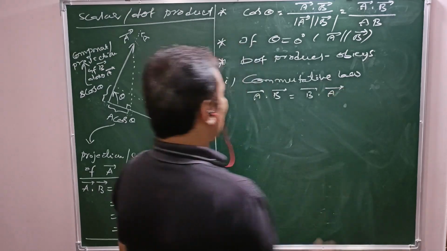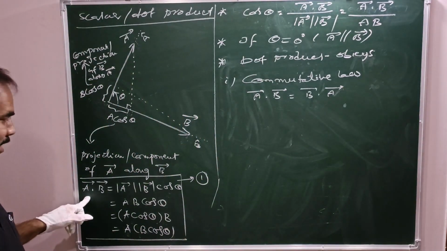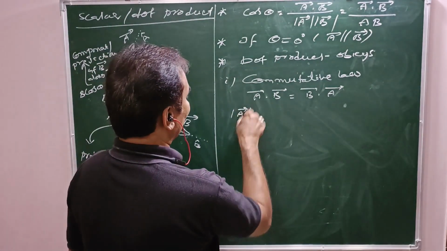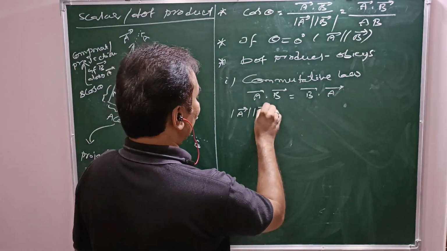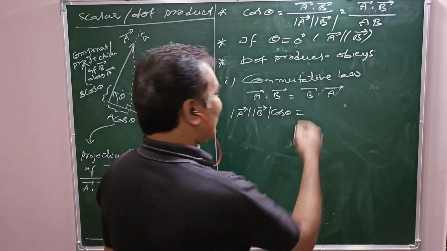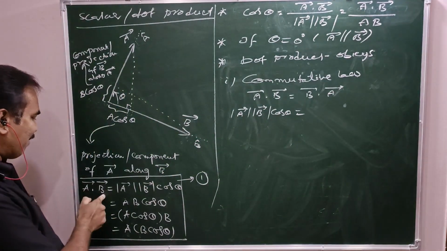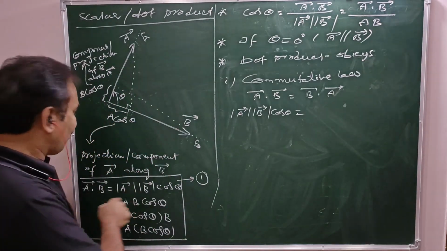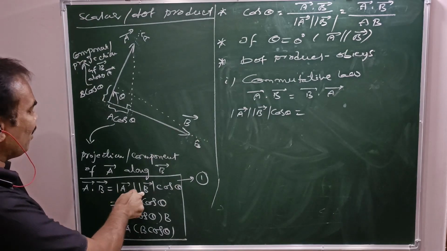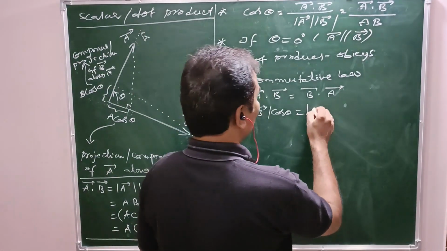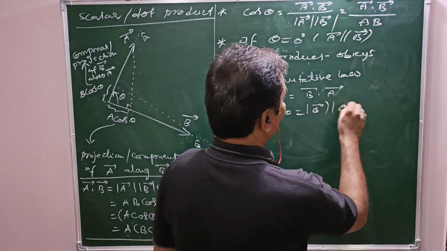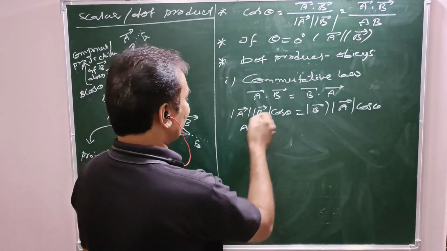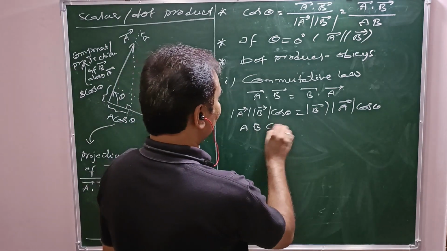Why? Because what is a bar dot b bar? A bar dot b bar equals mod a bar mod b bar cos theta. What is b bar dot a bar? B bar dot a bar means mod b bar mod a bar cos theta. See the order. Here mod a bar means a, mod b bar means b, so a b cos theta.